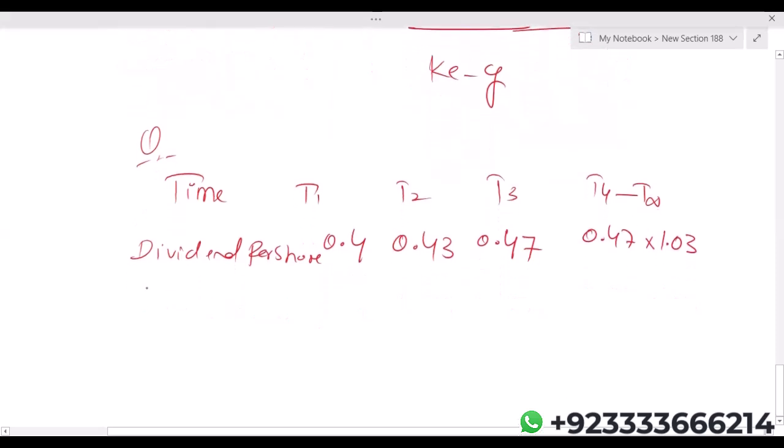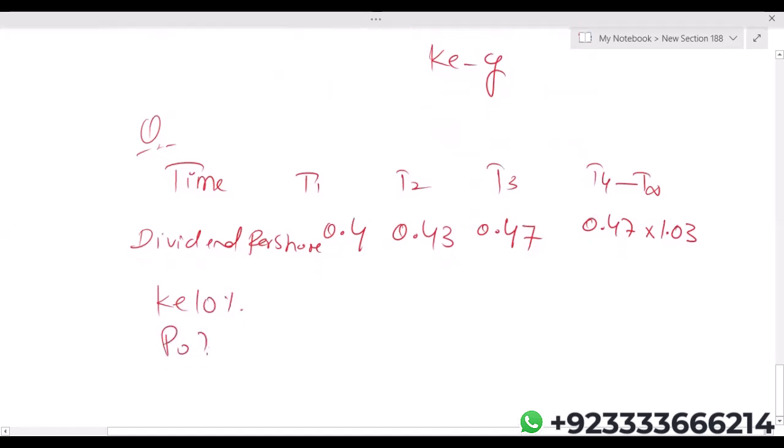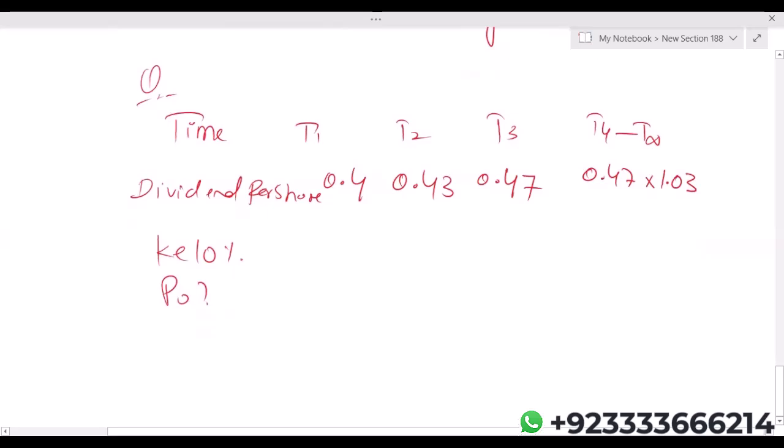The examiner has given us K of 10% and the requirement is P naught. Now what we have to do is calculate the present value of all the future dividends. The sum of the present value of all the future dividends will be the P naught.